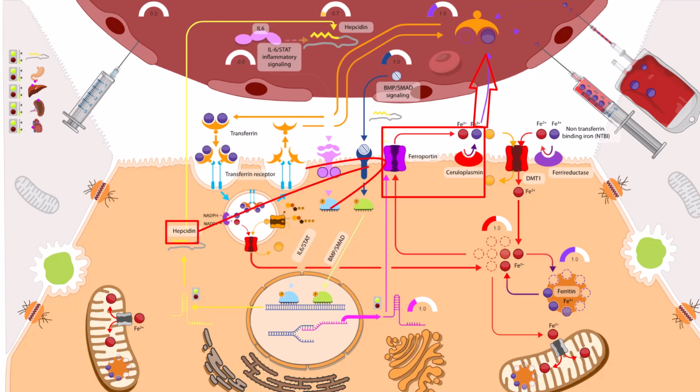Ferroportin is influenced by hepcidin. An increase in hepcidin decreases the release of iron from the liver. A decrease in hepcidin increases the release of iron from the liver.